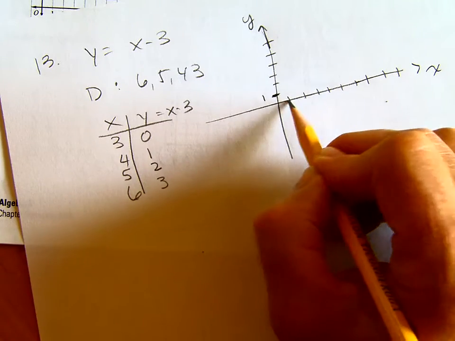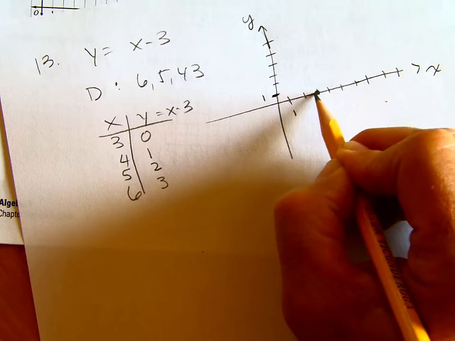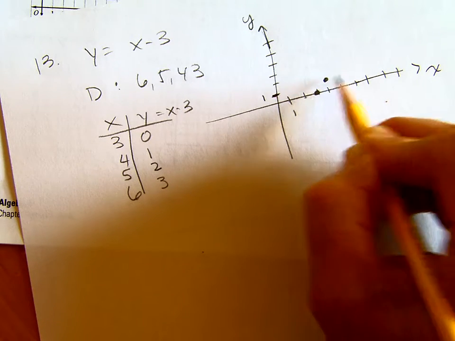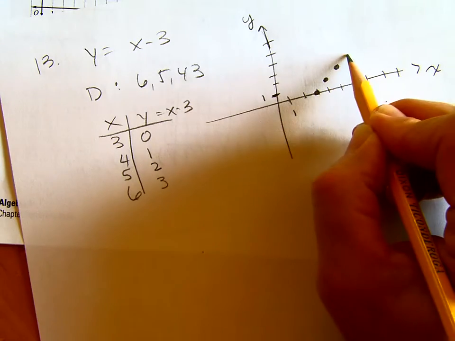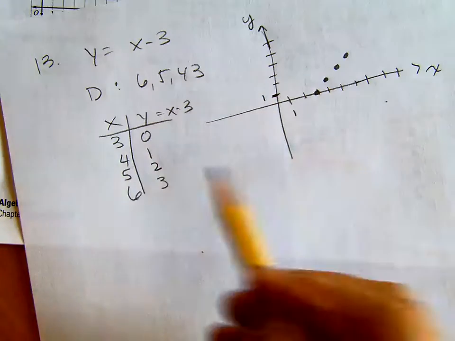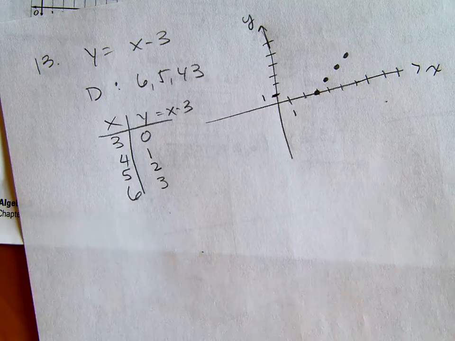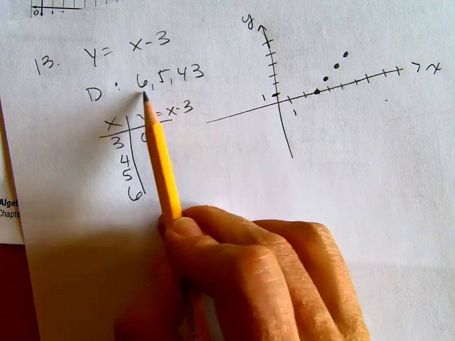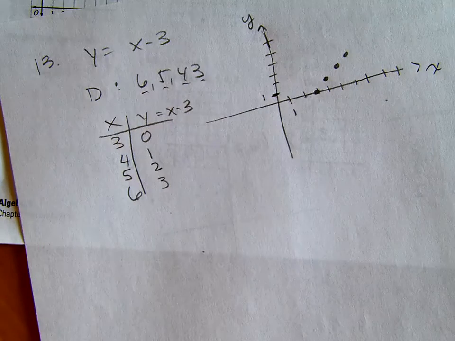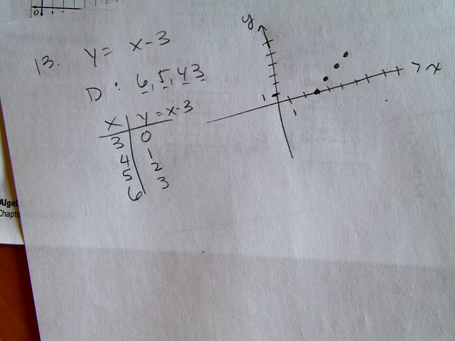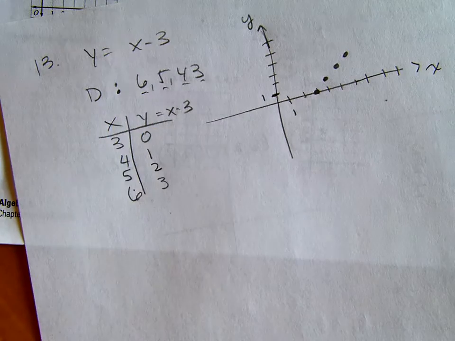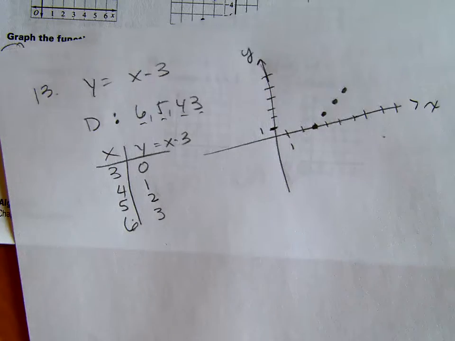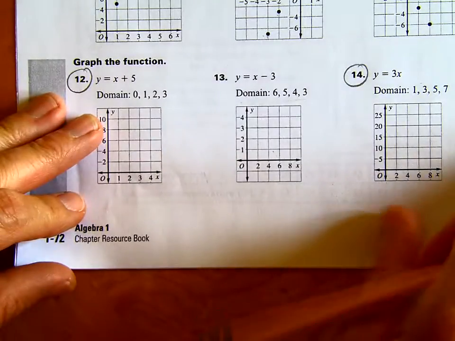So (3, 0), (4, 1), (5, 2), and (6, 3). And I'm not connecting them. These are discrete values. They're giving me the domain. Later on, we'll see what happens when we're not given a specific domain. Okay, that's graph the function.